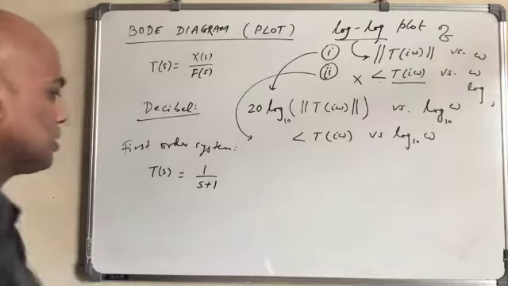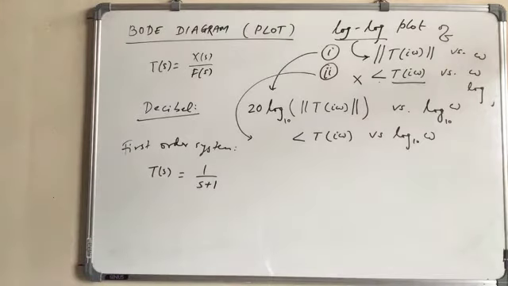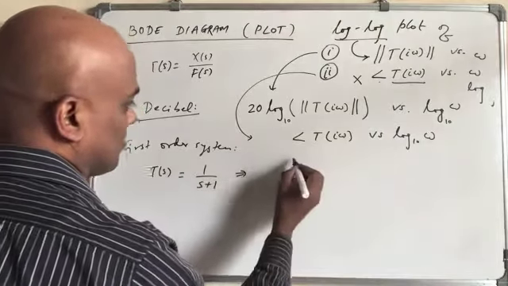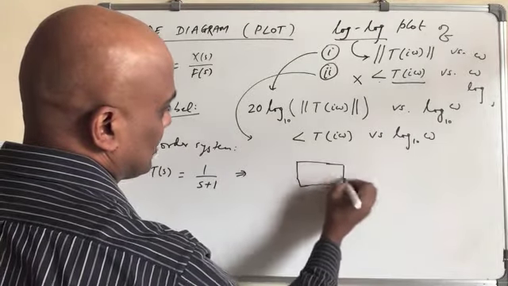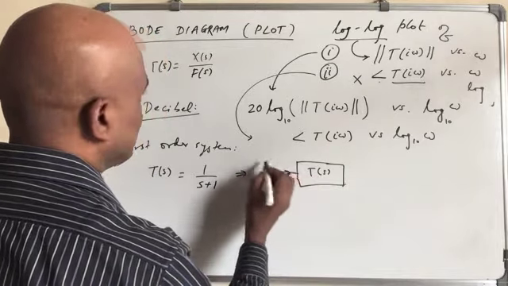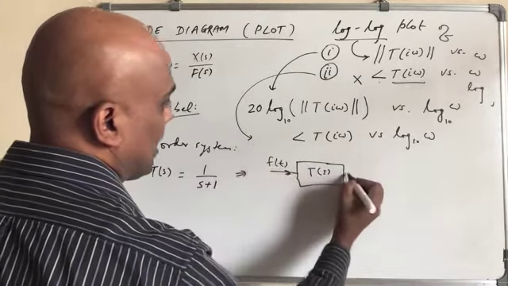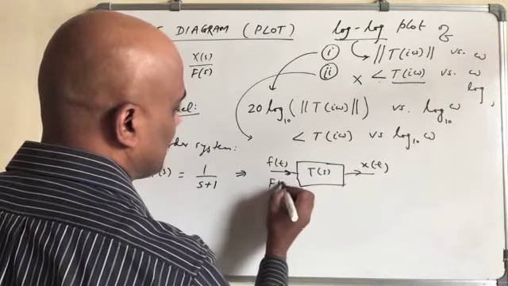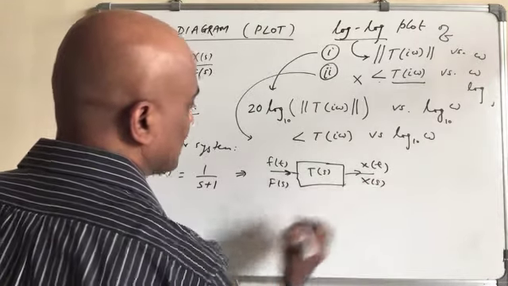So this is a first order system. The input is F(t), output is X(t), or input is F(s), output is X(s).